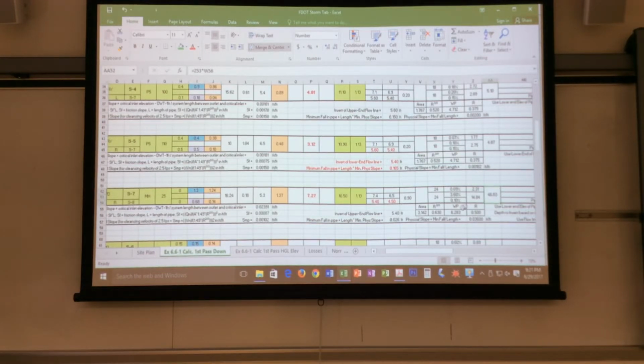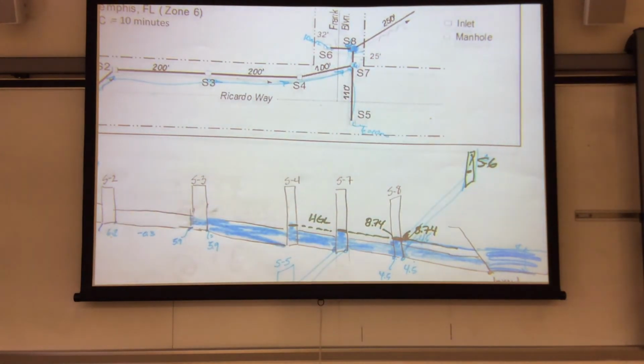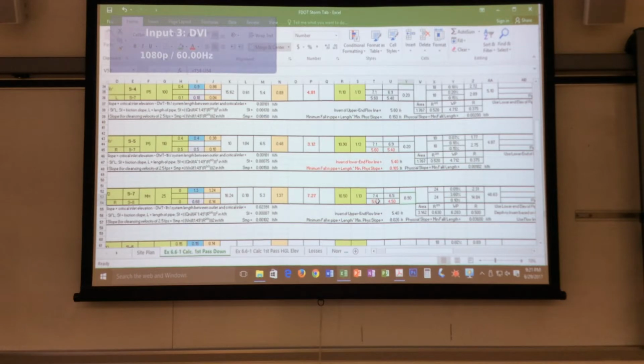Is that right? Yep. The reason is because when I forced, remember how I told you that this pipe here, S8, has to have 5.48, it automatically forced that slope, or that elevation, to have, look how big of a drop it is across this pipe. We forced it to be 4.5.